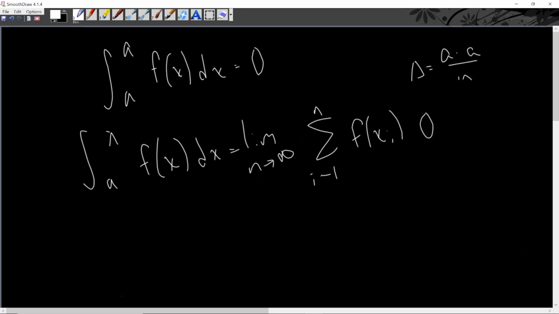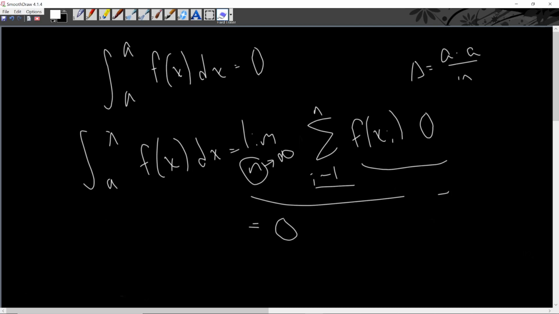Anything times 0 is 0, so all of that is 0. When you add a bunch of zeros together, you get 0, and regardless of what n is, this still evaluates to 0. So, relatively simple. And I think that's probably the most important thing that we need to know.